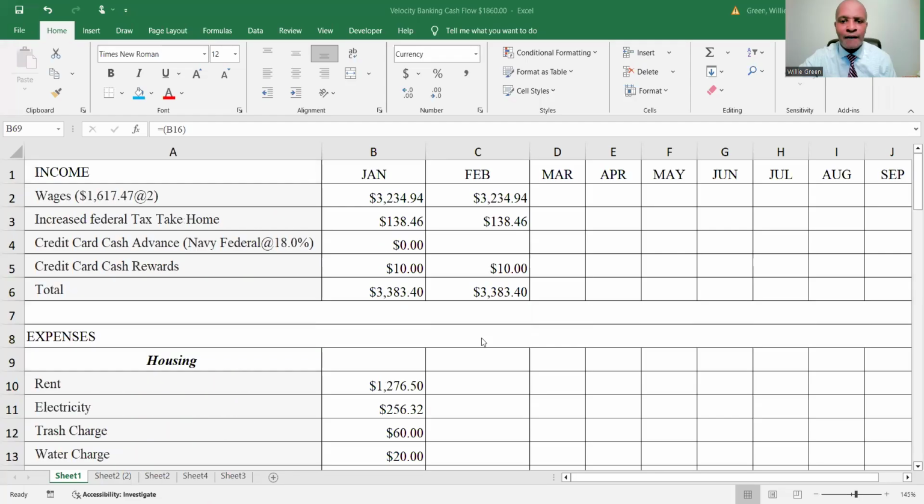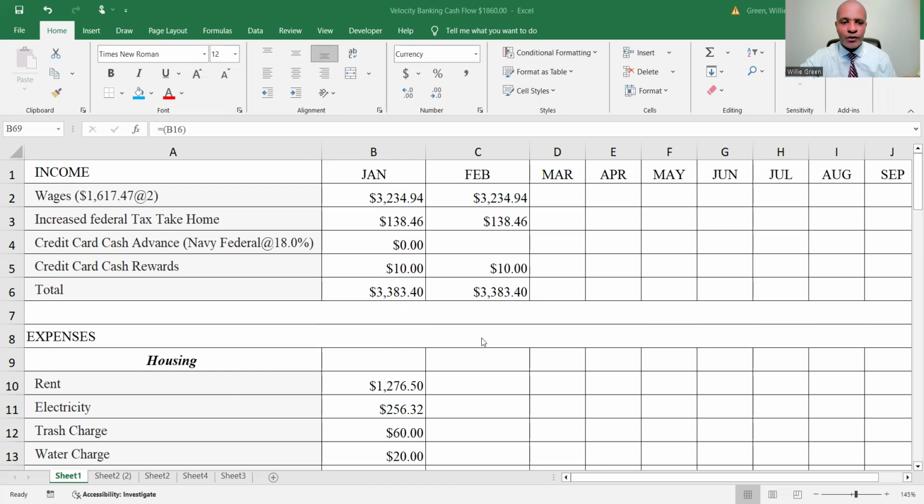First thing we'll get started looking at is the budget, and I've covered it in previous videos, but just wanted to look at it one more time. So here we have the basic budget that I started with. There are four particular areas. The first area is the income, and this is my wages.